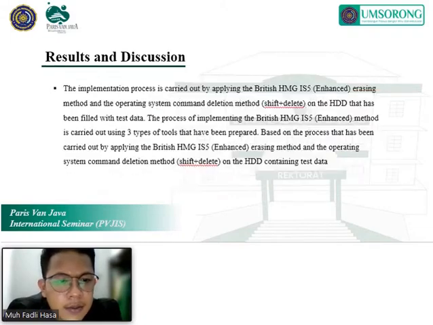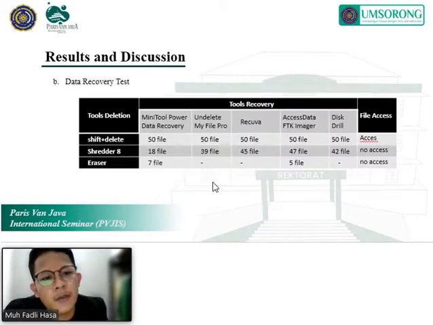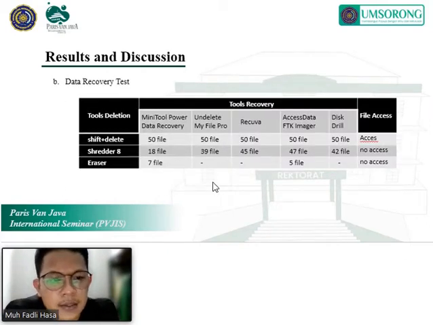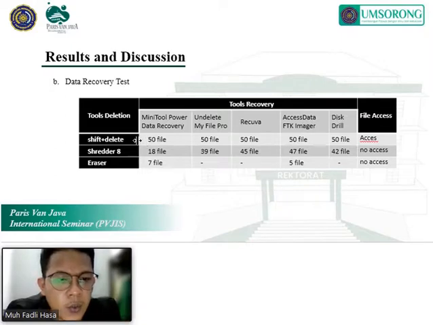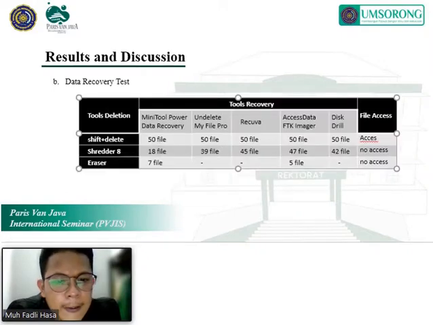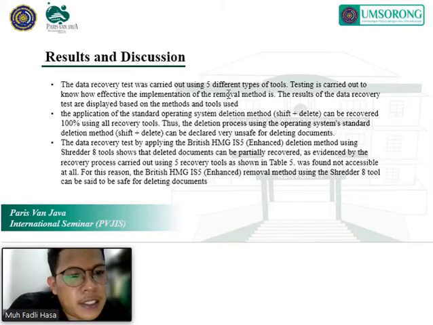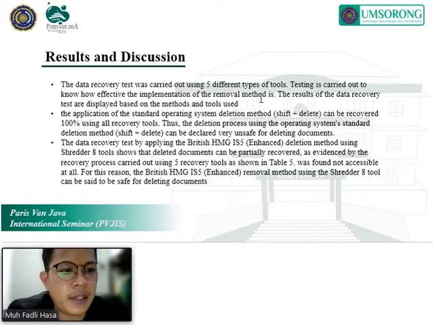And then the data recovery test with shift delete, in this table. The data recovery test was carried out using 5 different types of tools. Testing is carried out to know how effective the implementation of the removal method is.